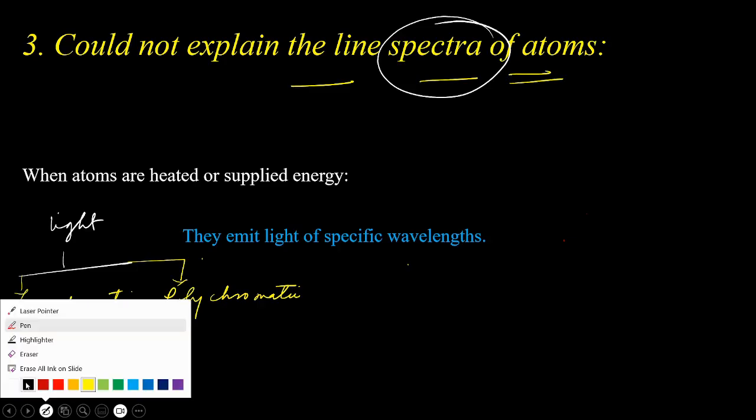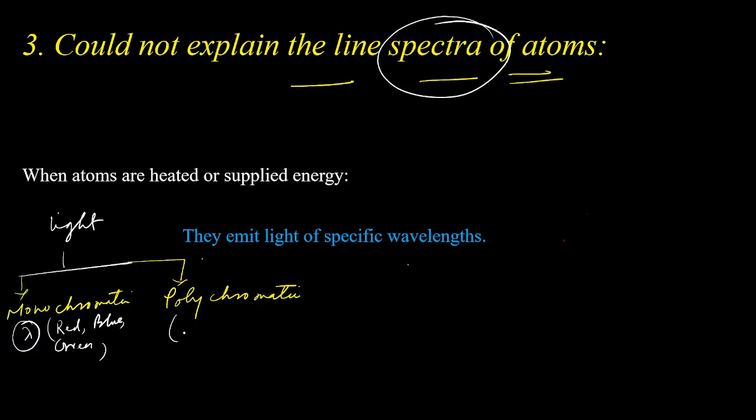But polychromatic light means the light which has different types of wavelengths. That means the light which contains lights of different wavelengths is called polychromatic light. An example of a polychromatic light is white light.